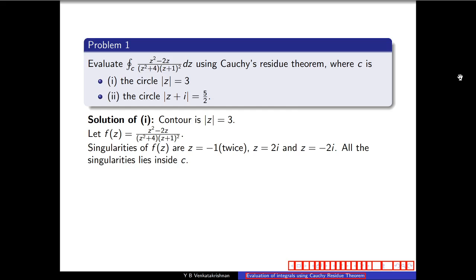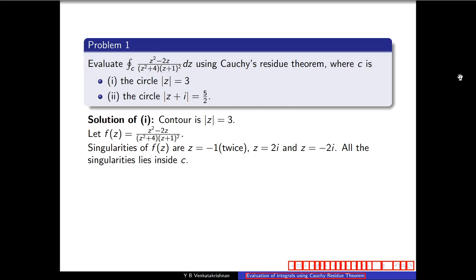So our priority is to identify the singularities which lie inside C, namely the circle mod z is equal to 3. For that, I take f of z is equal to (z squared minus 2z) divided by (z squared plus 4) into (z plus 1) the whole squared.